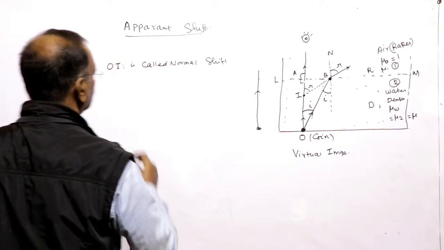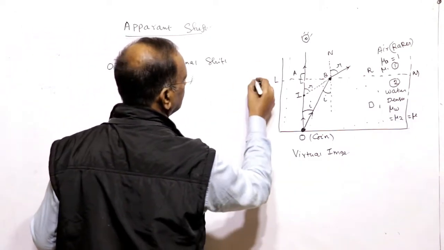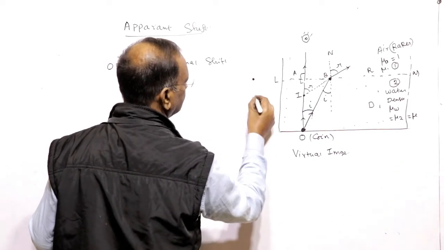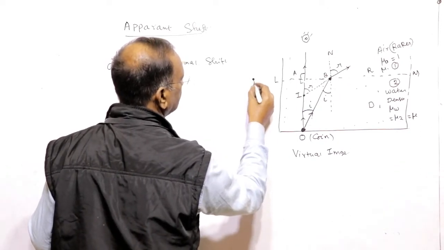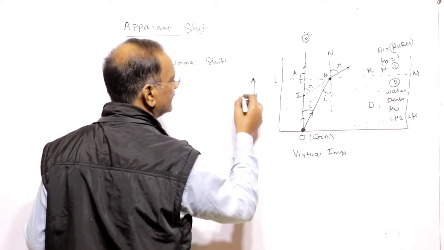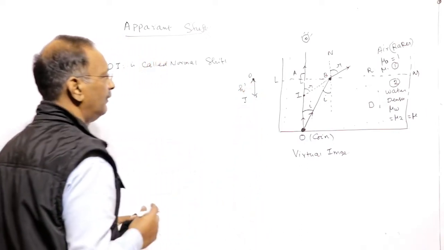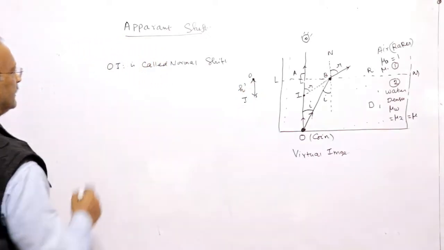Okay, now AI, this is A, this is I. This height, from here to here, is called the apparent depth of the object.